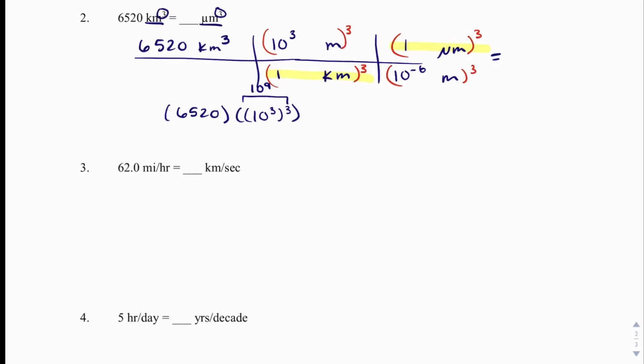If you want to instead plug in 10 to the 9th, divided by 10 to the minus 6 cubed, which again, just multiply it, 10 to the negative 6 cubed is going to be 10 to the minus 18. So what you might have is totally acceptable to plug into your calculator, because sometimes double parentheses can get a little tricky.